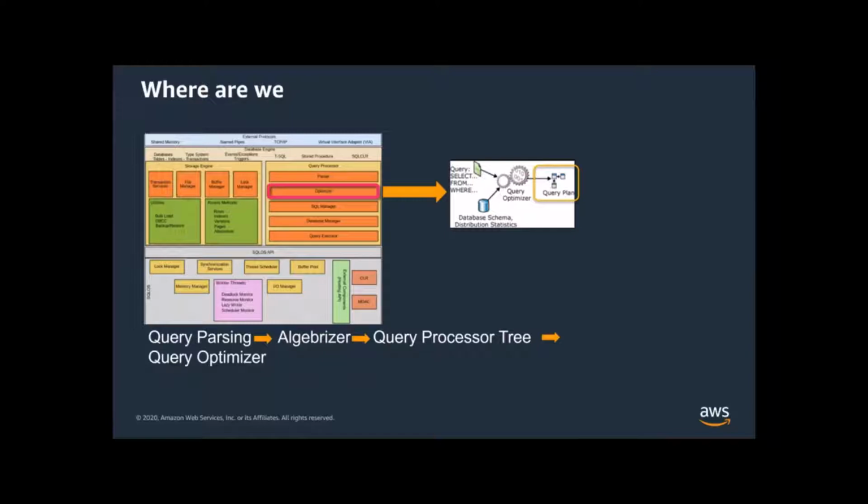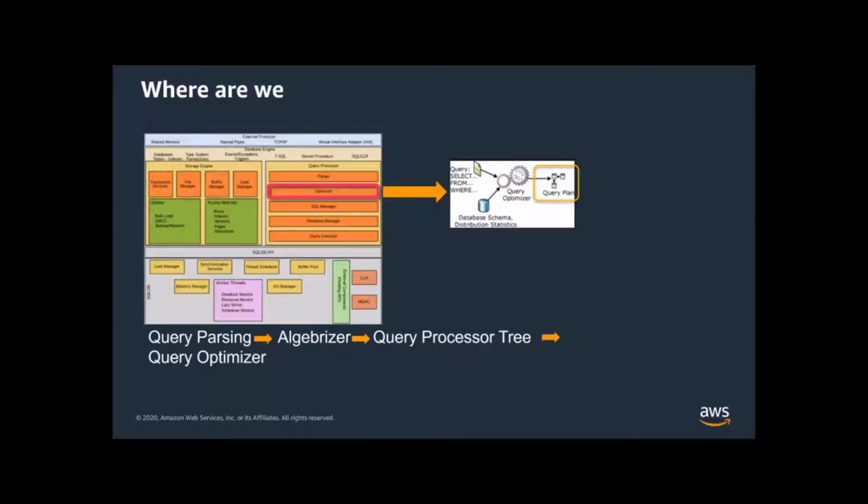After parsing, the query is passed to another component called the algebrizer. The algebrizer locates each of the objects and makes sure they are valid.